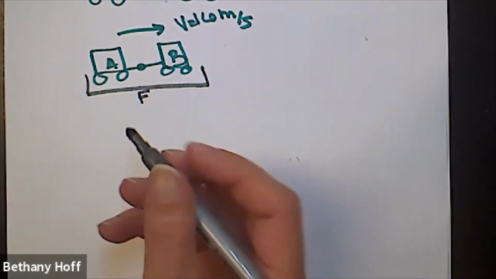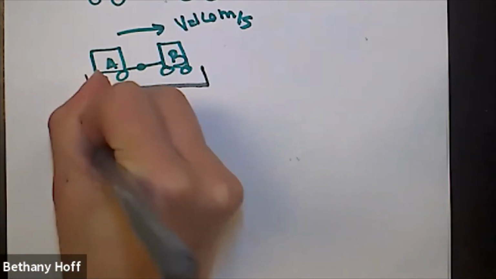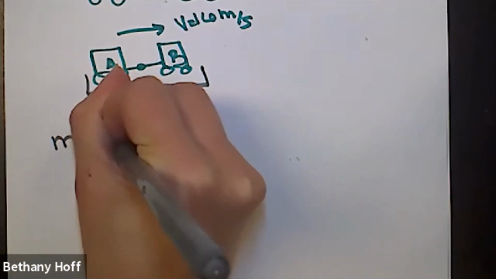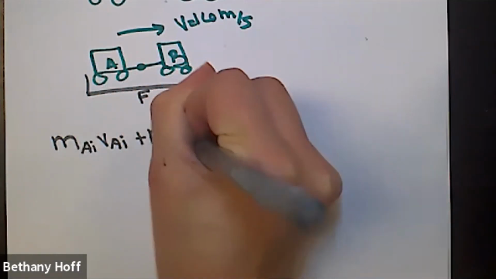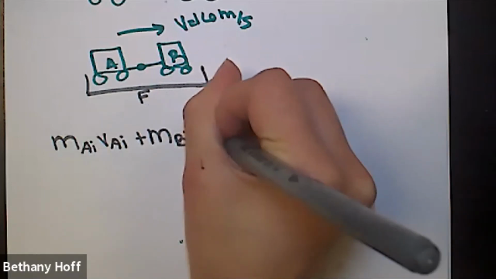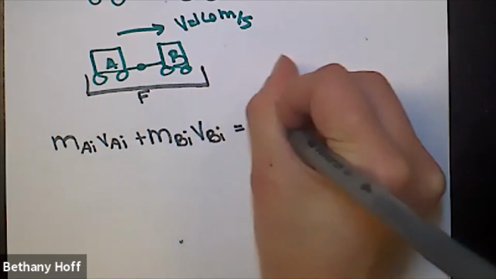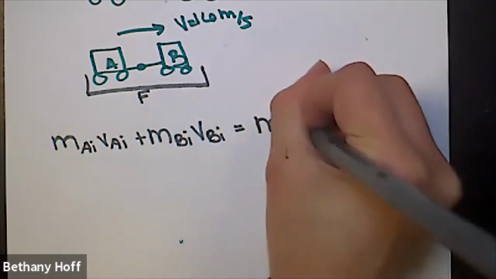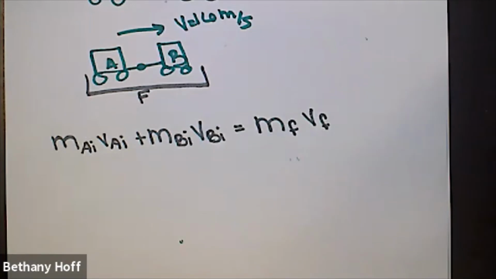So I have the mass of train A initial times the velocity of train A initial, plus the mass of train B initial times the velocity of train B initial, is going to be equal to the mass final times the velocity final, because again, they're moving together.